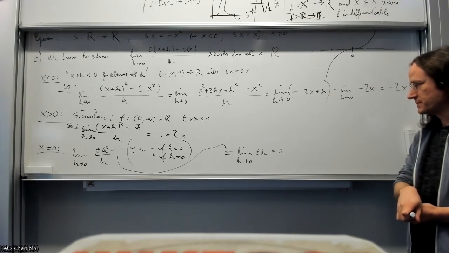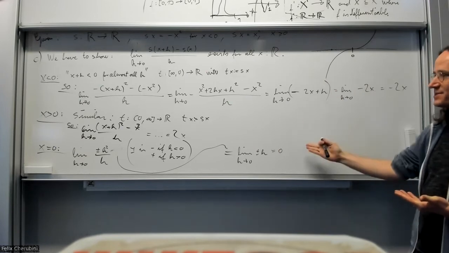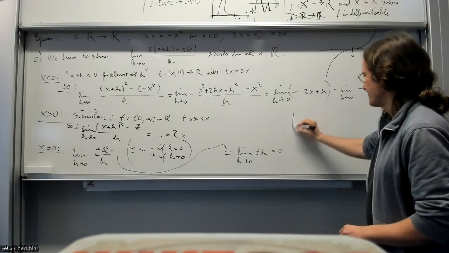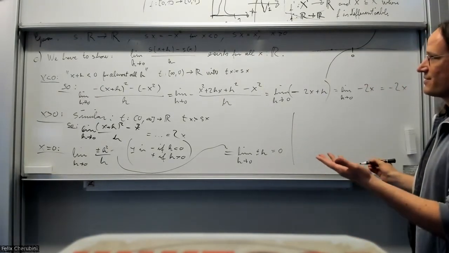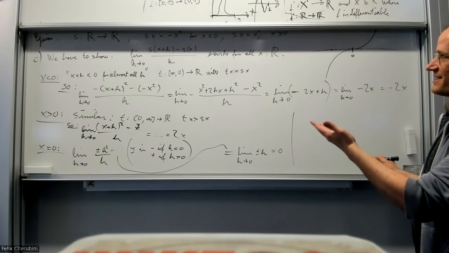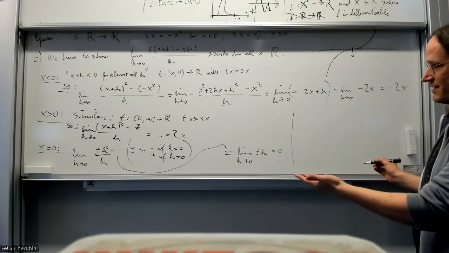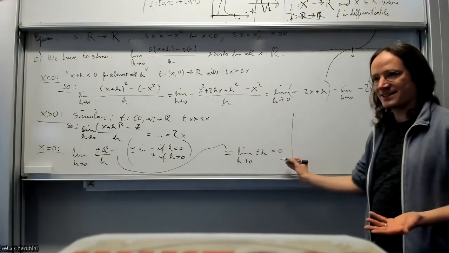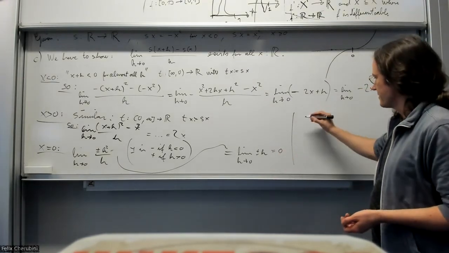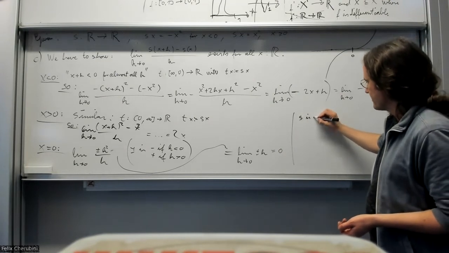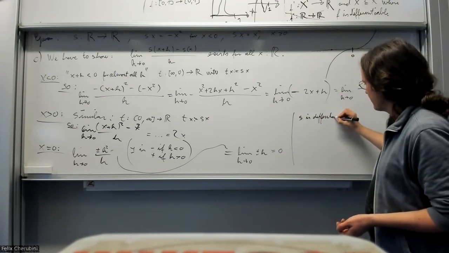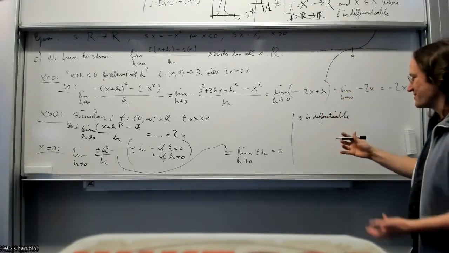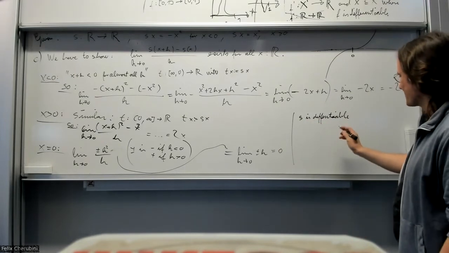Good. So now we have to plug it together to get a function. What they asked us is to show it's differentiable, but we know that now. We constructed the limit in every case. And so S is differentiable, but we should state that we know that now, so make sure we get points for that.